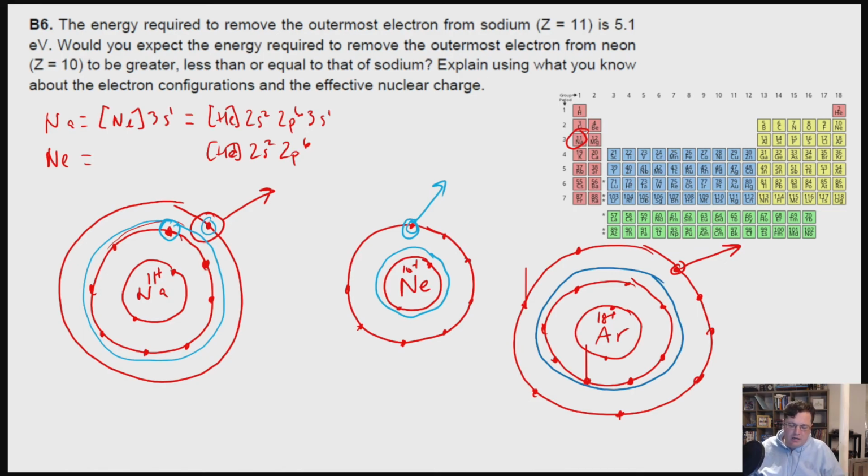That Coulombic attraction that you're going to be getting in those scenarios. So that's another factor that goes into why down a group, you also start seeing ionization energies go downwards. But that's the reasoning. And the Z effective is also going to be affected as well.